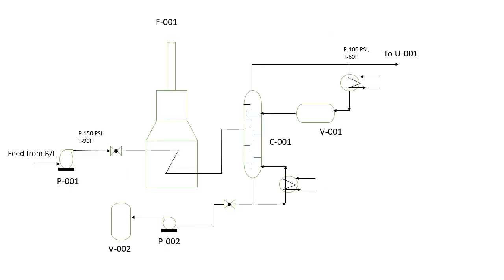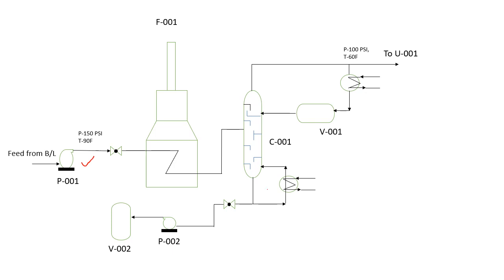This is a particular fired heater where you can see some feed is coming and getting pumped, and after pumping it goes into the fired heater, then goes into the distillation column, and there are a reboiler and condenser shown here.